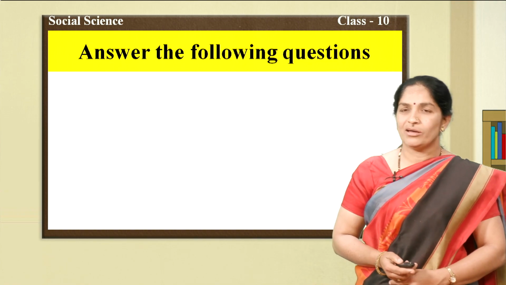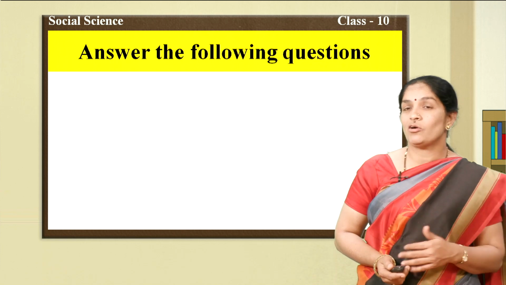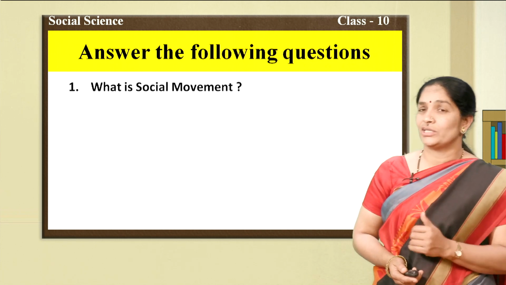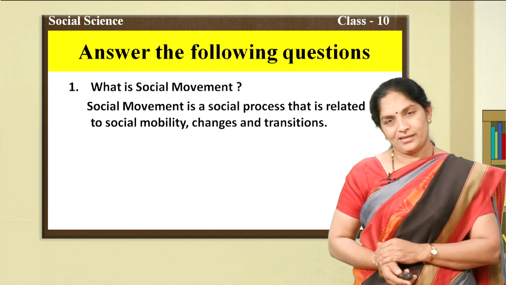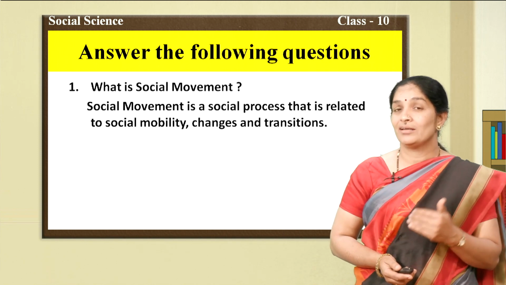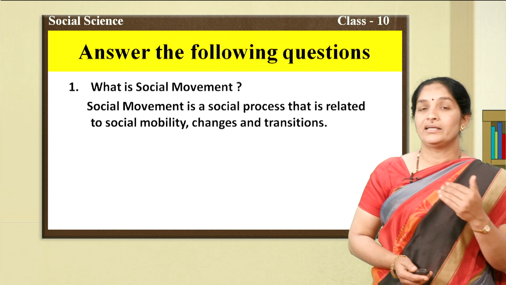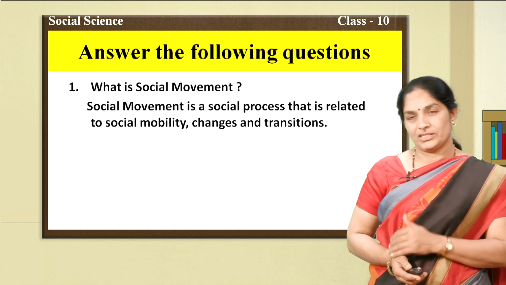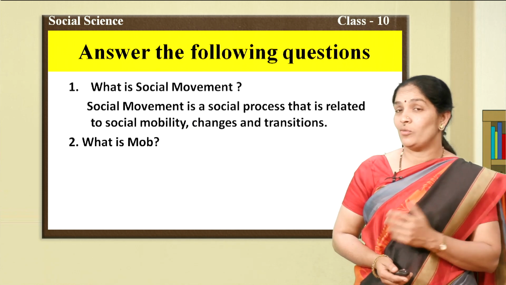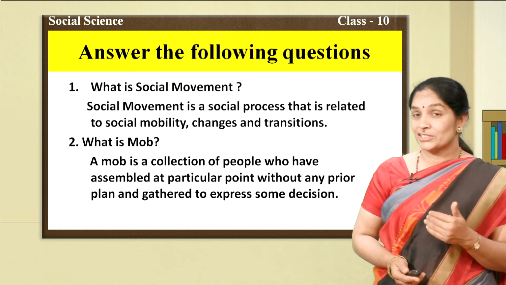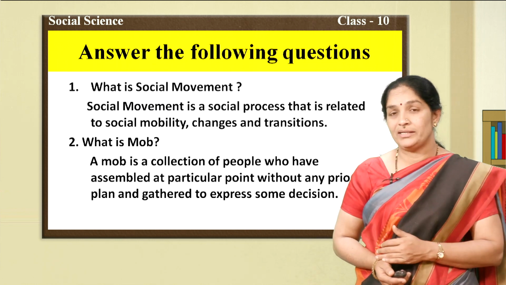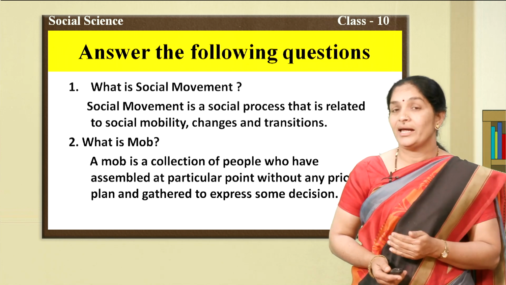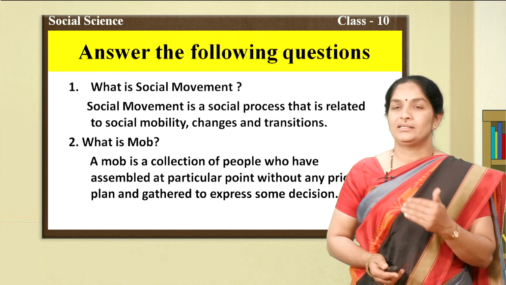Children, now it is the time to recall what we learnt in the class. Children, what is social movement? Answer the question. Social movement is a social process that is related to social mobility, changes and transitions. Children, what is mob? A mob is a collection of people who have assembled at a particular point without any prior plan and gathered to express some decision.